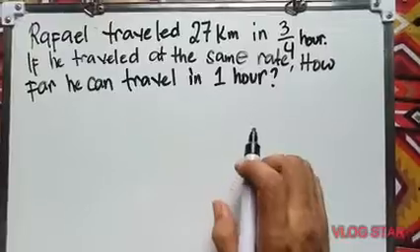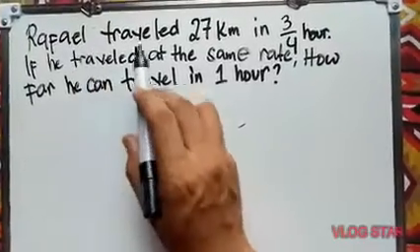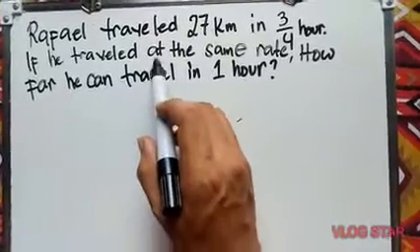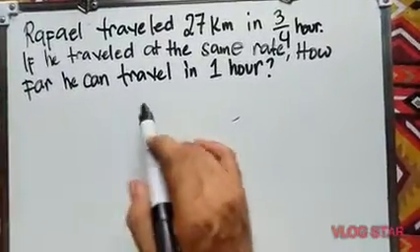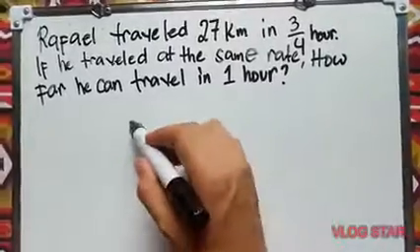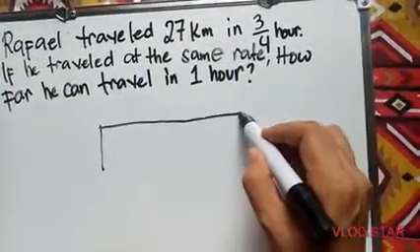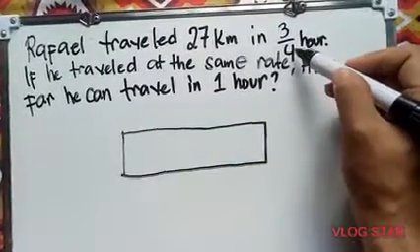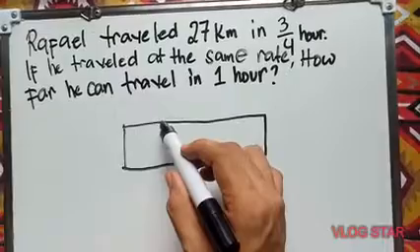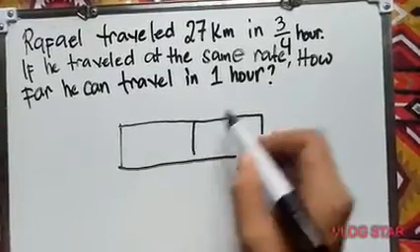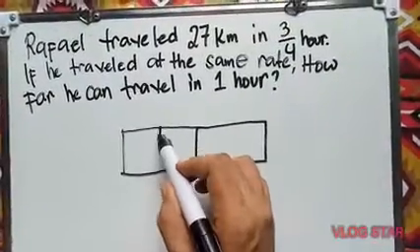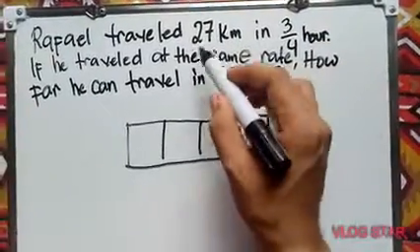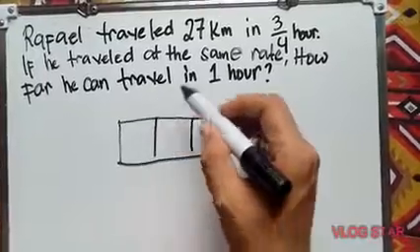So here is our next example. Rafael traveled 27 km in 3/4 hour. If he traveled at the same rate, how far can he travel in 1 hour? Let's say this is the whole hour. Since he traveled 3/4 hour, let's divide this into 4 equal parts. And he traveled 27 kilometer in 3/4 hour.